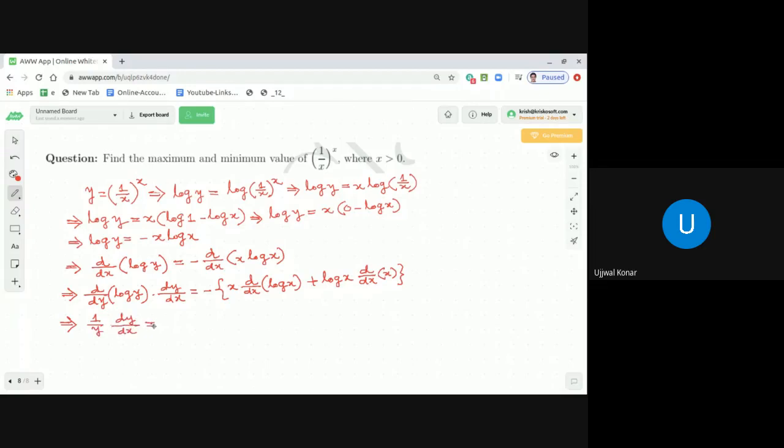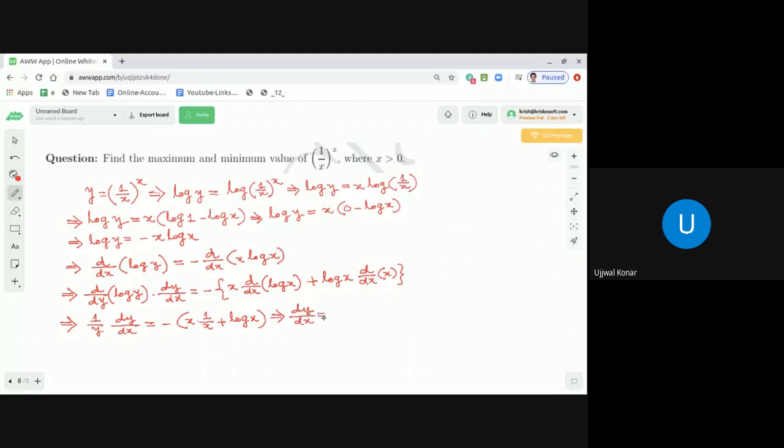Then minus x into d dx of log x, which is 1 by x, plus log x into d dx of x, which is 1. So from here, what we get, dear students?